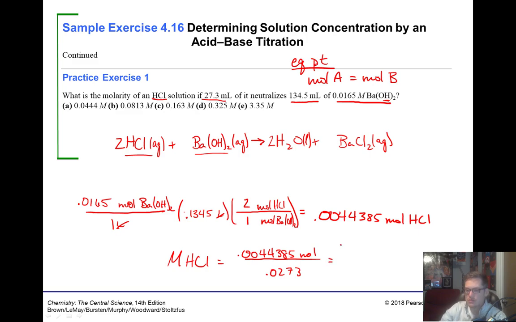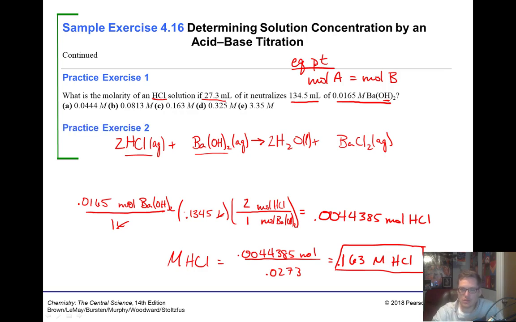So we take 0.0044385 divided by 0.0273, and we get 0.16258, and everything's got at least 3 sig figs, so it'll be 0.163 molar HCl. So now we know that this unknown solution that we started with has 0.163 molar HCl in our Erlenmeyer flask when we started our titration.